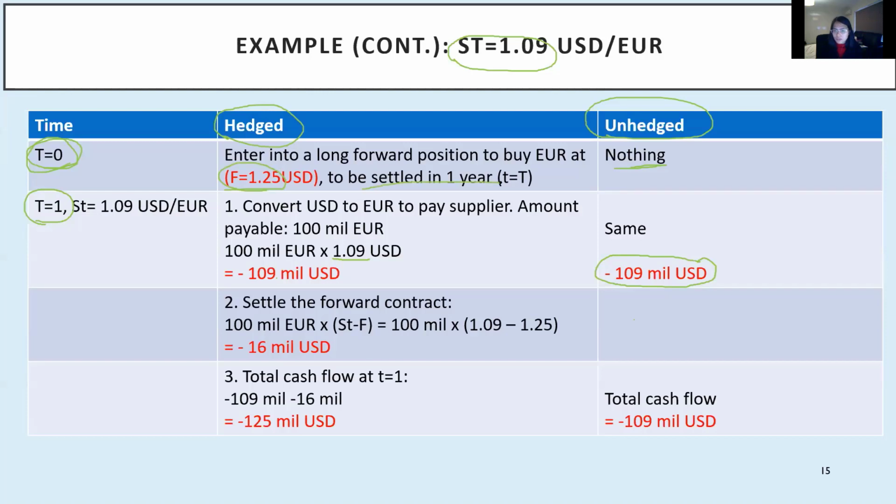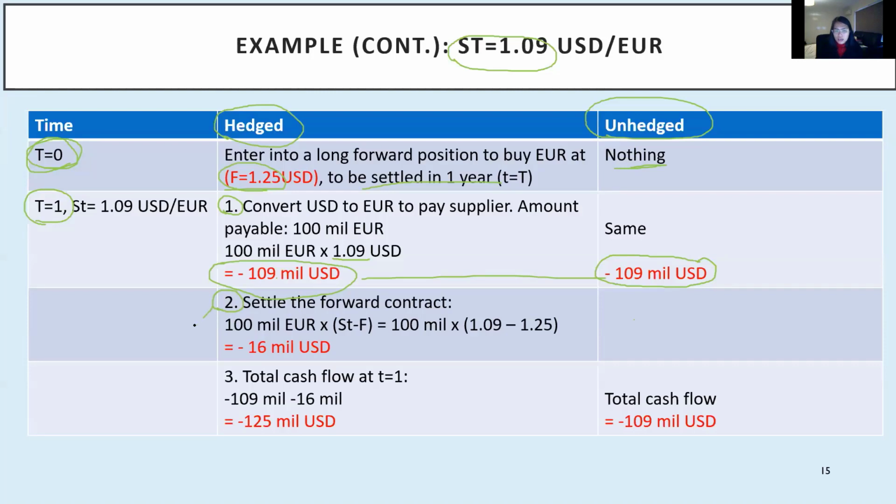So in 1 year's time, when I need to pay my European supplier, I'm going to go to the spot market and buy 100 million euro. I'm going to pay the same amount of money as this guy, so $109 million. But because I have entered into a forward contract at time 0, I'm going to have the second position.